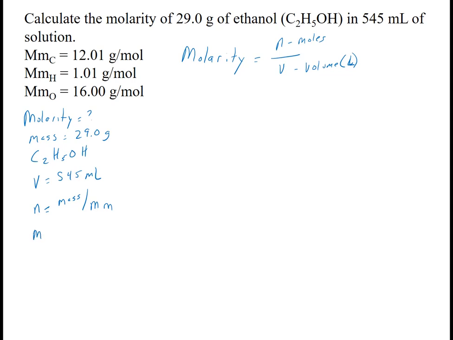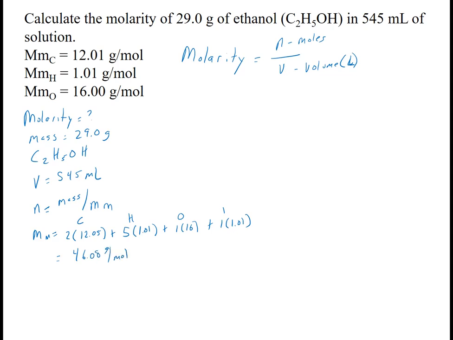The molar mass is simply the number of atoms times the atomic weight. So I have carbon, and there's 2 carbon atoms, and each one is 12.05, plus I have 5 hydrogens, and so this is hydrogen, and it's 1.01, plus an oxygen, which is 1 times 16, or just 16, plus 1 more hydrogen, so 1 times 1.01, and when I add all those up together, I get 46.08 grams per mole.